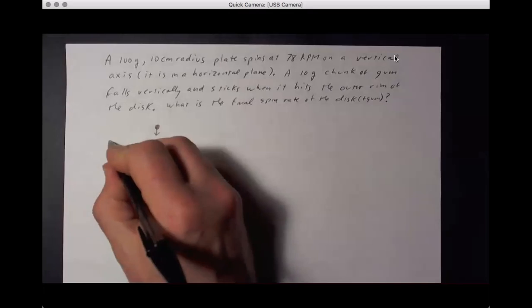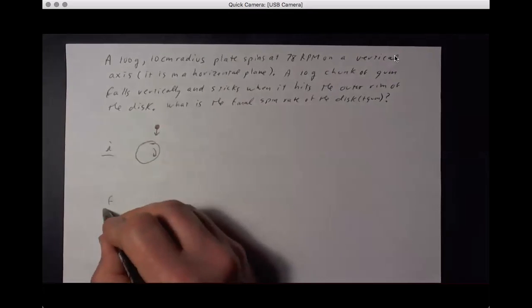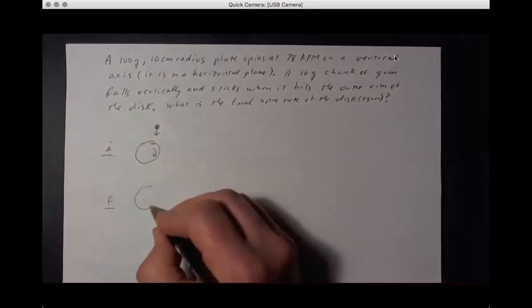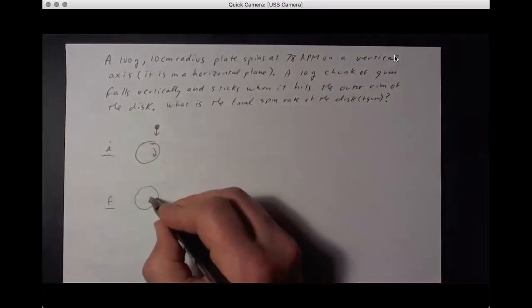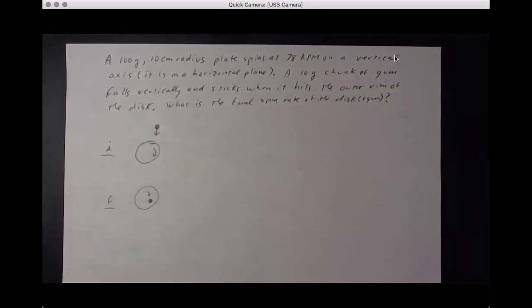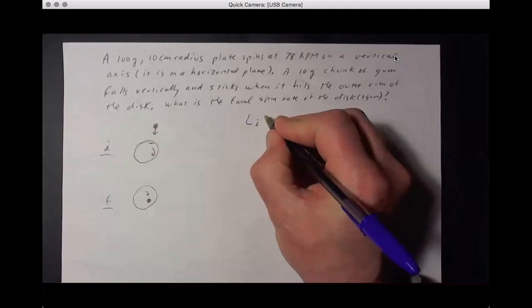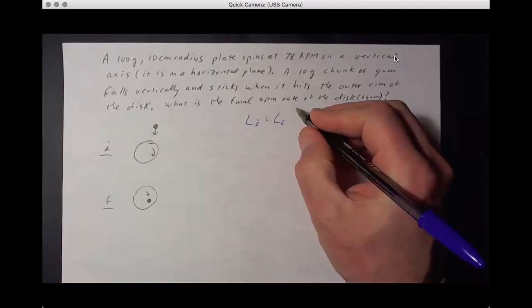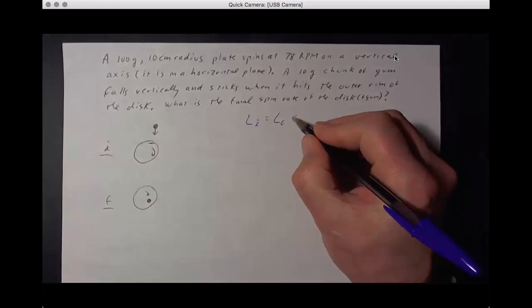That's initial. And the final case, I have the disc with a chunk of gum on it, and it's rotating probably a little bit slower, right? So we start with L initial equal L final, and this is about a vertical axis.